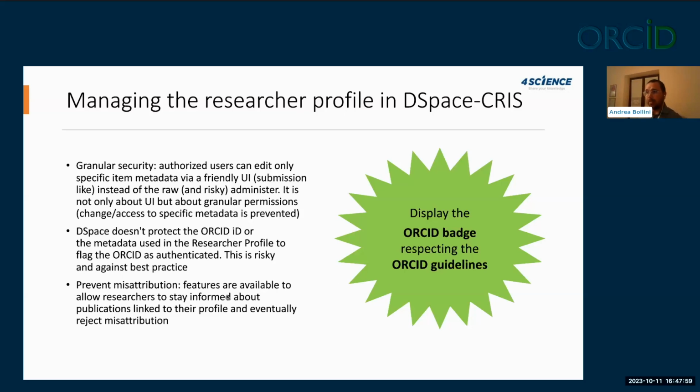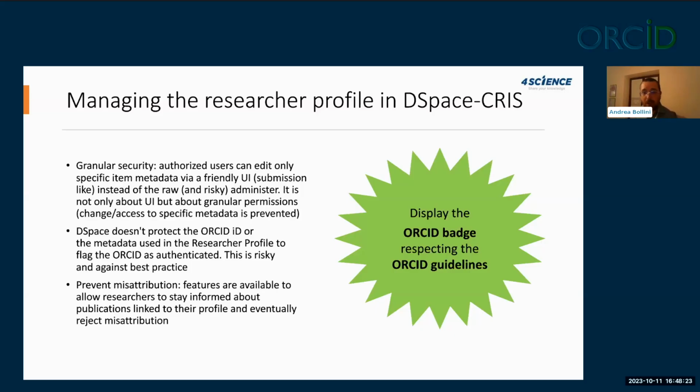Another issue is that even if you completely trust your researchers not to manipulate the data, you cannot prevent misattribution. If someone else, during the submission, identifies your researcher as an author just using the lookup, this connection will be established between the person and the project and the publication.